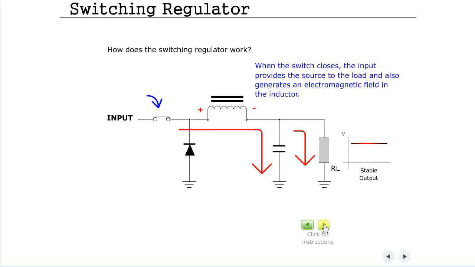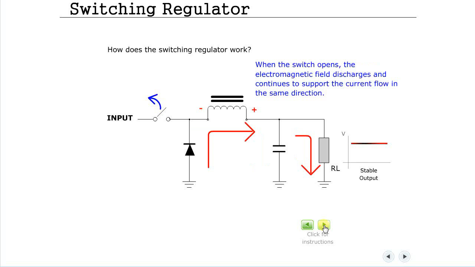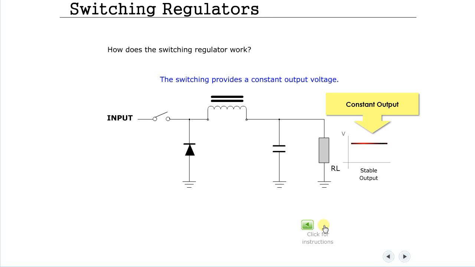When the switch closes, the input provides the source to the load and also generates an electromagnetic field in the inductor. When the switch opens, the electromagnetic field discharges and continues to support the current flow in the same direction. The switching provides a constant voltage output.